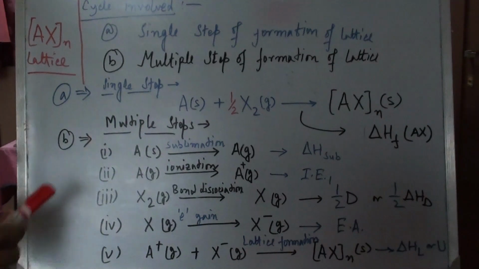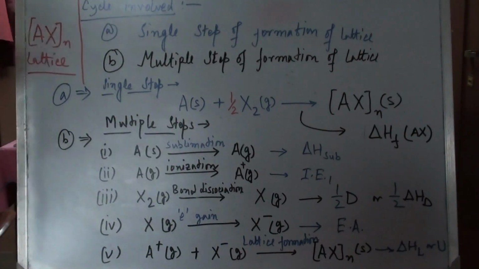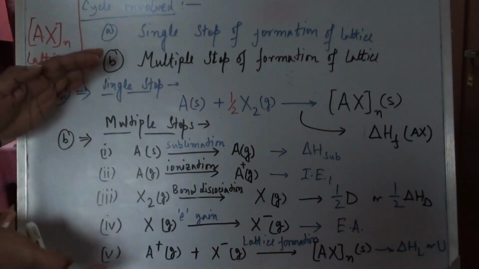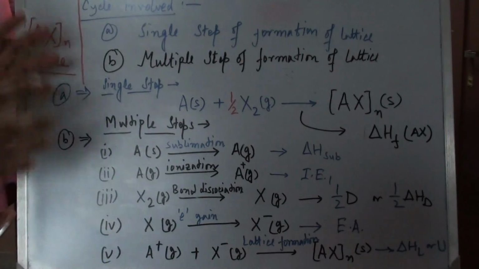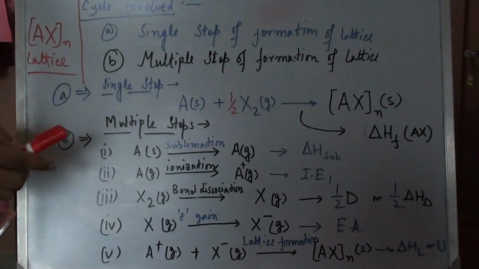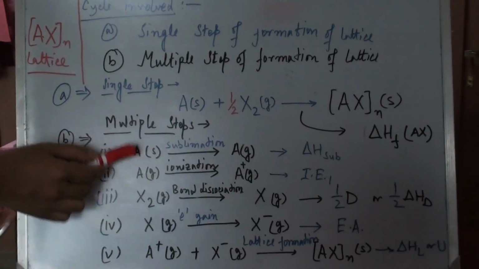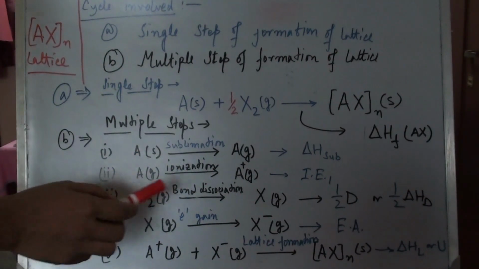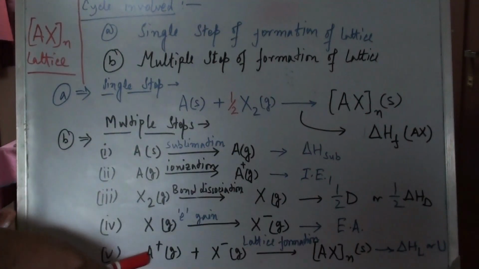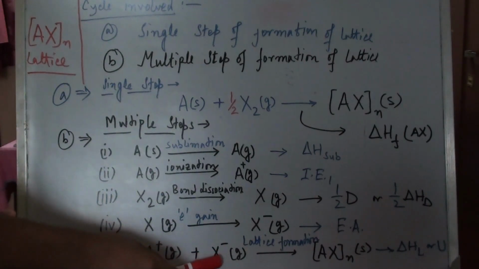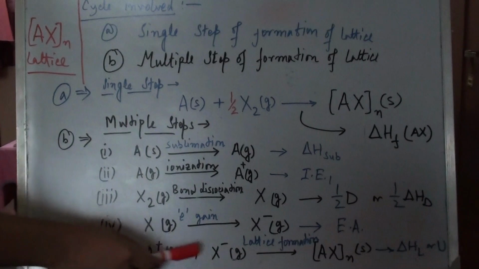Now the second case, multiple steps of formation of the lattice. Here, a number of thermodynamical steps or processes are involved. So at first, we have to focus on how AX is formed from A and X. For the formation of AX solid, we need cations and anions, A cations and X anions, both in gaseous state.